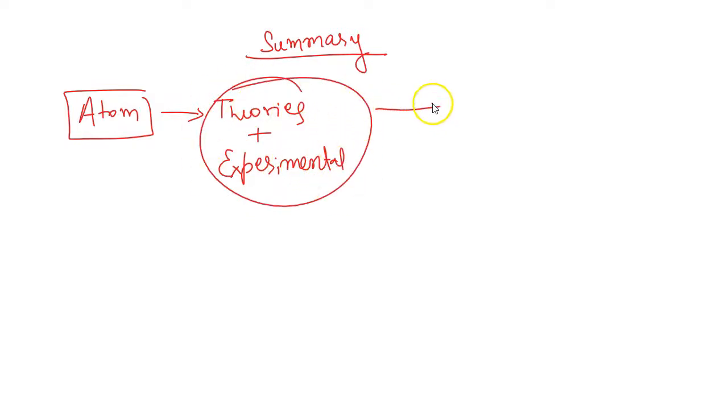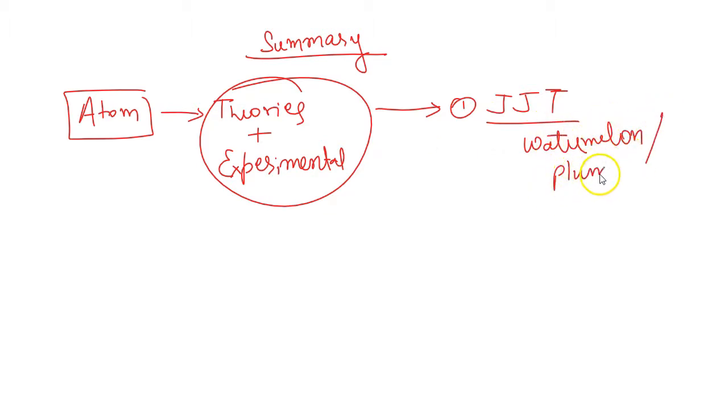Here we first talked about J.J. Thomson's model, which was basically the watermelon model, and we also call it the plum pudding model. We are yet to explore why we call it plum pudding, so we'll explore that at the end.